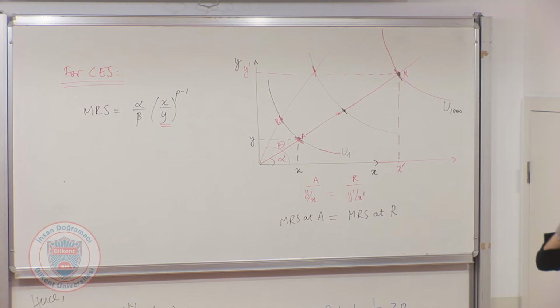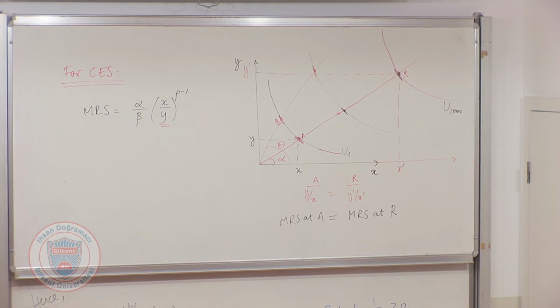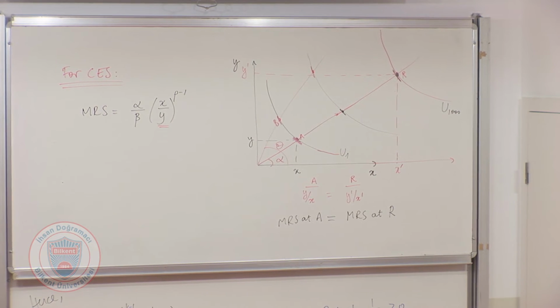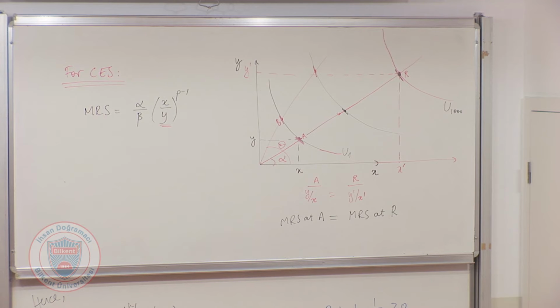That is what we mean by homotheticity. You can have different interpretations. One of them is that the marginal rate of substitution is the same along a ray through the origin, because the y over x ratio along that ray is the same, and the marginal rate of substitution only depends on the y over x ratio.